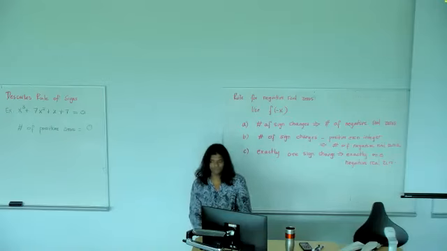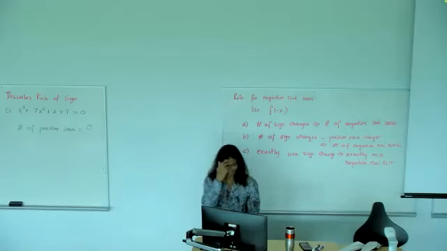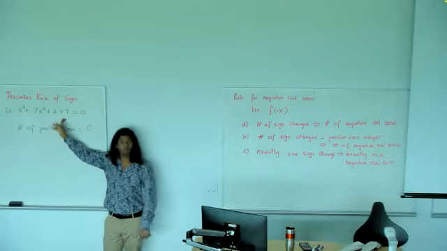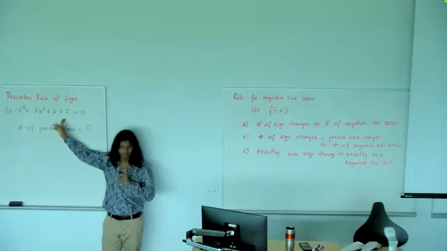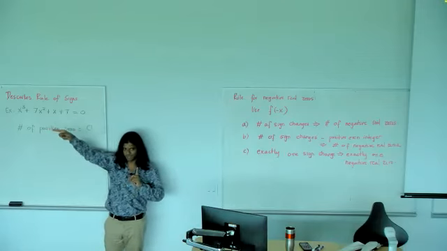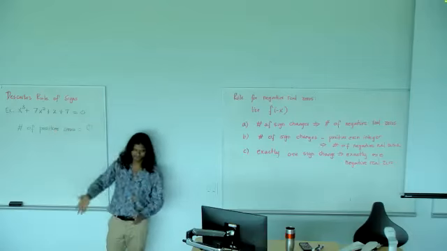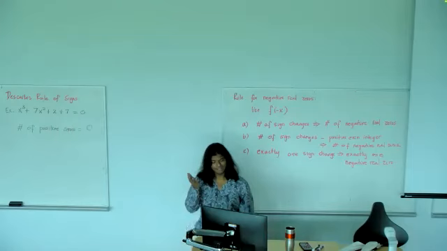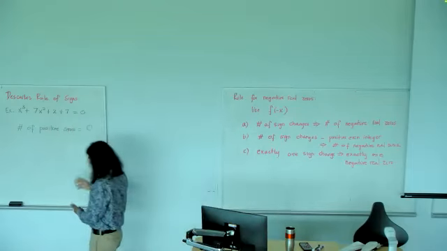There are no real zeros. But logic again. This is a third degree polynomial, so it must have one real zero for sure. Why is that? Because complex zeros always occur in conjugate pairs. So one of them has to be real, and that will be negative.